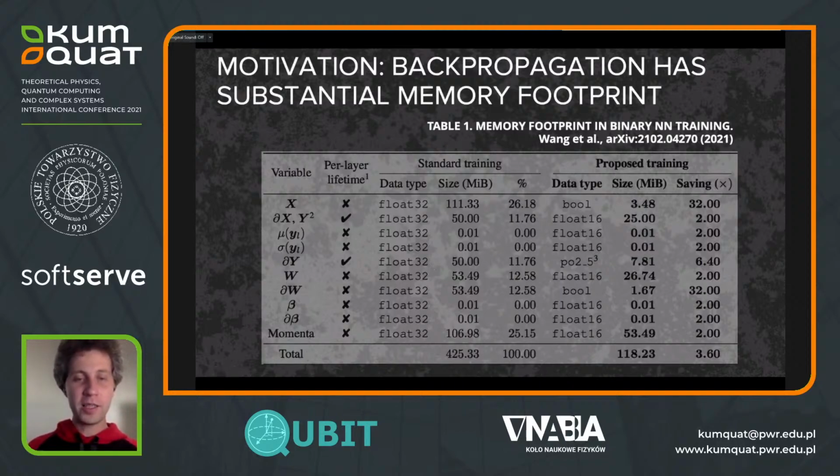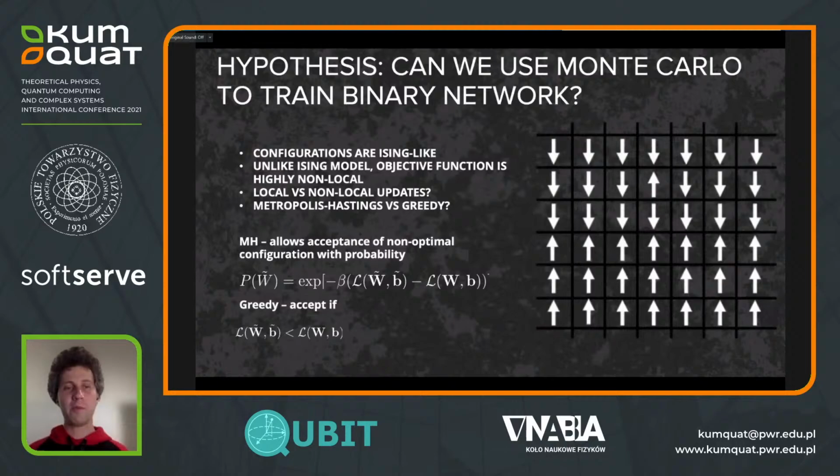And the idea came from the similarity of binary networks to so-called spin glass models, Ising spin glass models. For those who are familiar with Ising models, you know that this is a model of spins, which are binary variables, 0 or 1, up or down, and they can live on some grid.